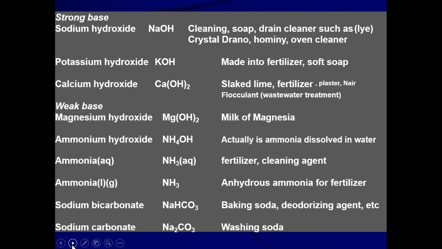Potassium hydroxide, KOH, is actually quite fascinating. This is often made into fertilizer. We often use it to make soap. There's a fascinating way to make potassium hydroxide. Oh, excuse me, I was thinking about sodium hydroxide.